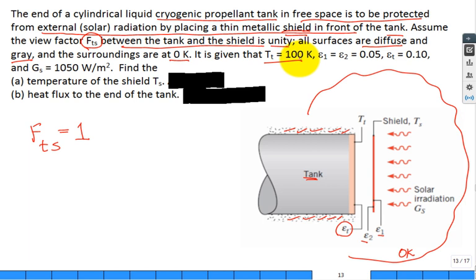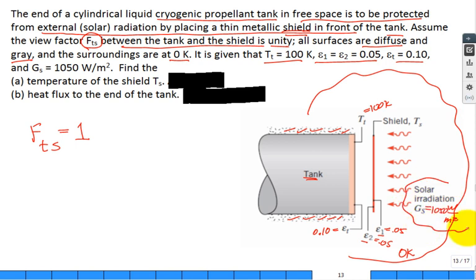Given that the temperature of the tank is 100 Kelvin, the emissivity on both sides of the shield is 0.05. The emissivity of the tank is 0.10, and the solar irradiation is 1050 watts per meter squared.